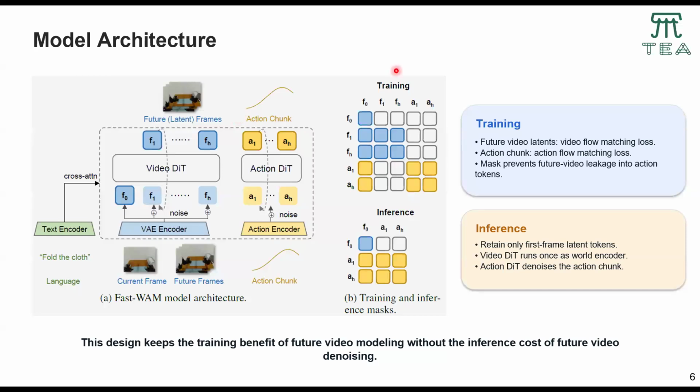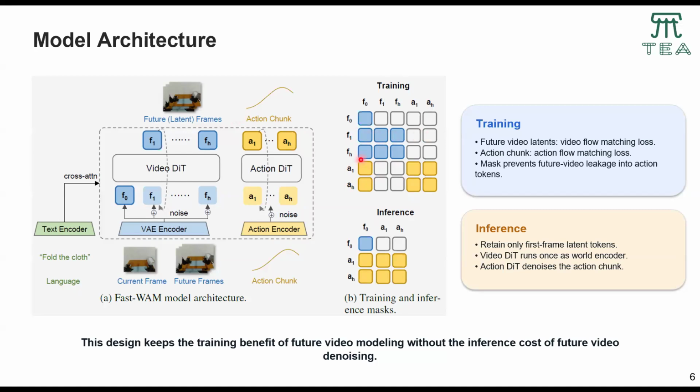And also on the right side, it shows the attention mask during the training and the inference. So you can see for these two branches, the video branch and the action branch, it utilizes a bidirectional attention scheme inside.